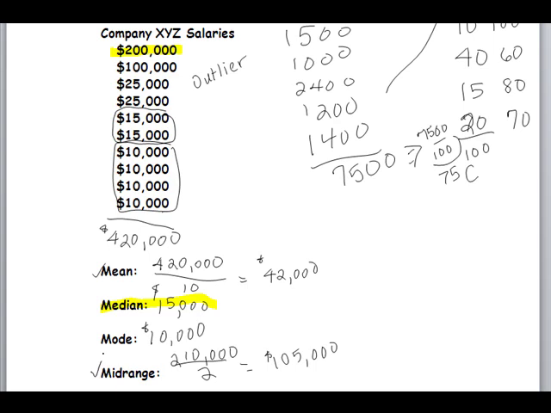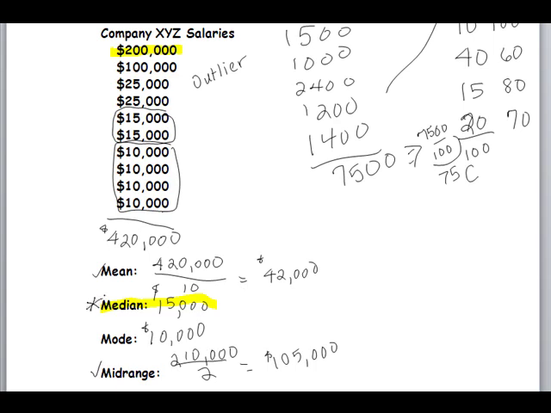Another way you can handle the extreme value is a 10% trimmed mean. In the 10% trimmed mean, you eliminate the top and bottom 10% and then calculate using the remaining values.